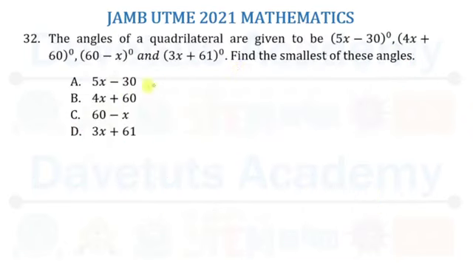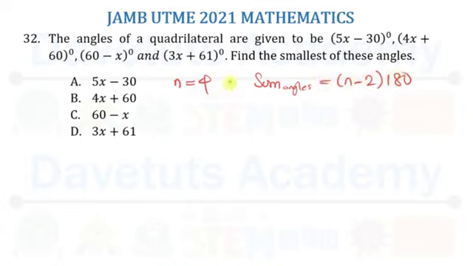So in this question, we are told that the angles of a quadrilateral are given as shown there, and we are to find the smallest of these angles. Now, what we need to note is that we are talking about a quadrilateral here. And what is the meaning of a quadrilateral? It means the number of sides n is equal to 4. So we can use the formula for the sum of interior angles of a polygon as n minus 2 multiplied by 180.